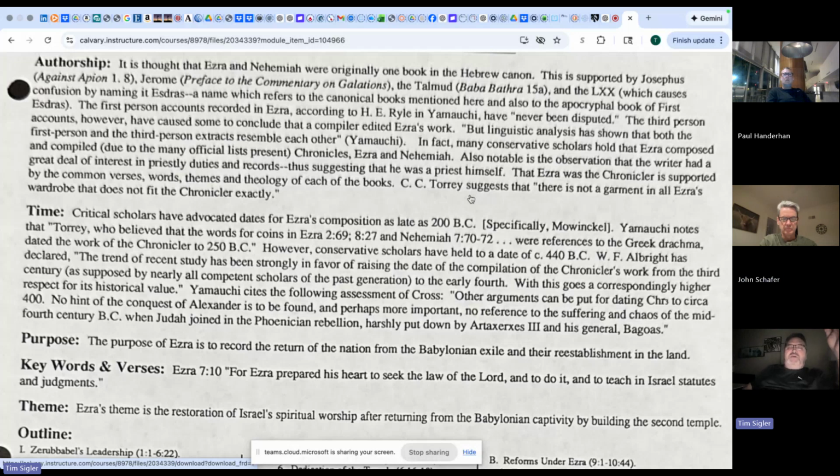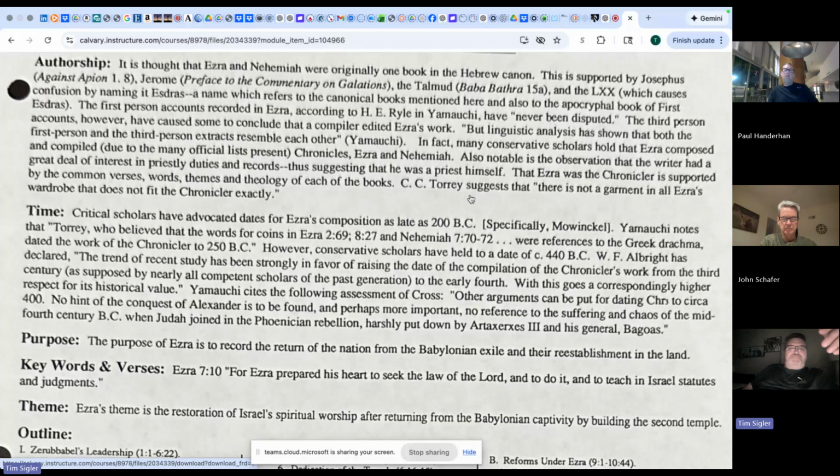However, conservative scholars have held to a date of approximately 440 BC. William F. Albright, the famed archaeologist, has declared that the trend of recent study has been strongly in favor of raising the date of the compilation of the chronicler's work from the 3rd century, as supposed by nearly all competent scholars of the past generation, to the early 4th. With this goes a correspondingly higher respect for its historical value.